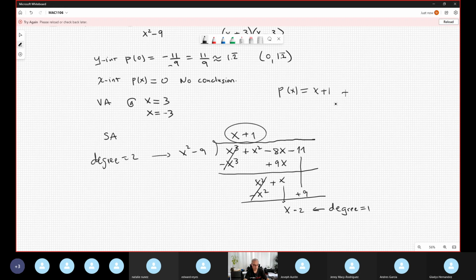So my equation is x plus 1 plus x minus 2 over x squared minus 9. Okay, this is my linear equation. y is equal to x plus 1. It's easy to identify that this line represents the slant asymptote. b is 1, so this is the y-intercept of the slant asymptote. The y-intercept of the original function is different.